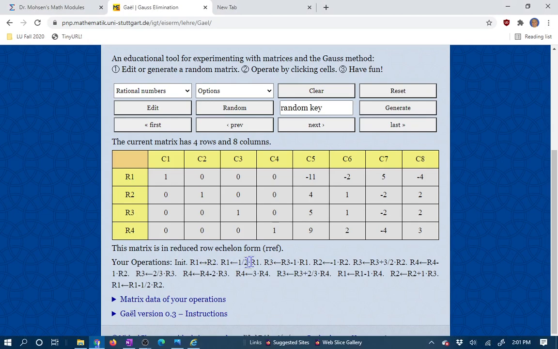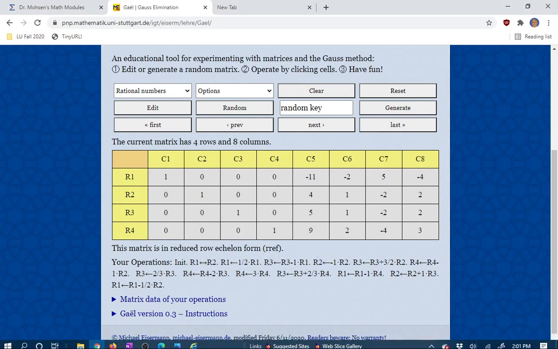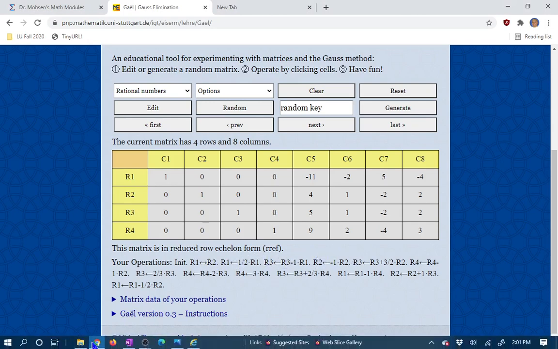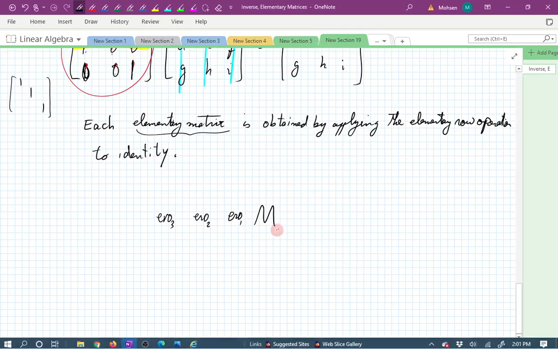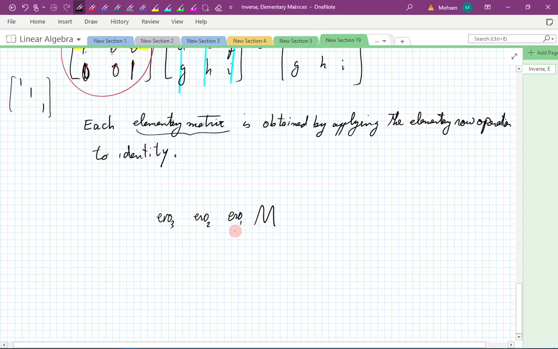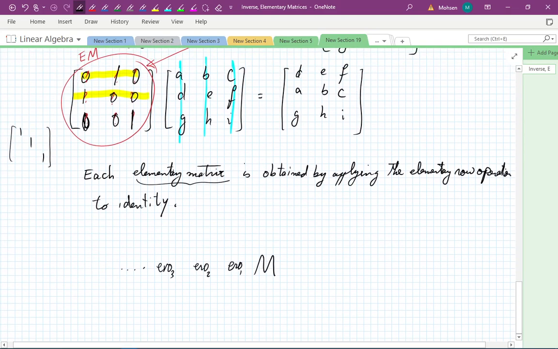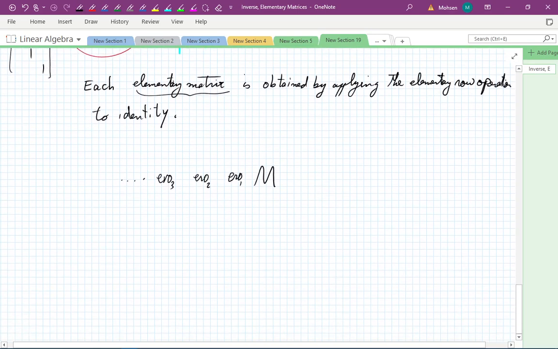Operation 1, operation 2, operation 3, and so on, one after another, they are being applied. How many, God knows, depends how big the problem is. So I might just write elementary operation number 100 maybe, or whatever it is.